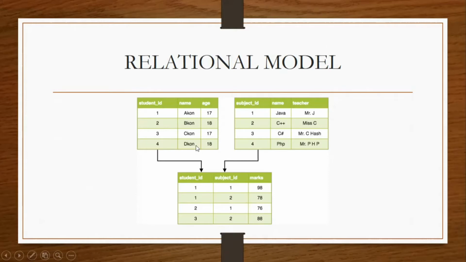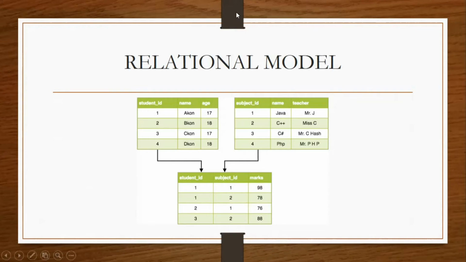Here you can see that if the third student is not studying C++, Java, or any of the subjects, the space would be consumed here. There would be null values here. So that is how it is useful, and we will do normalization, and it will also be clear to all of you.